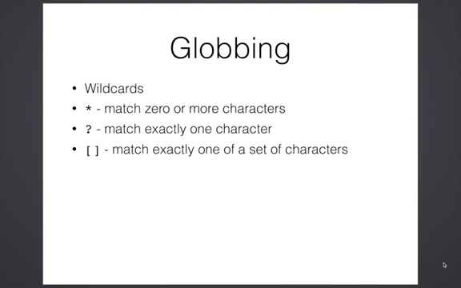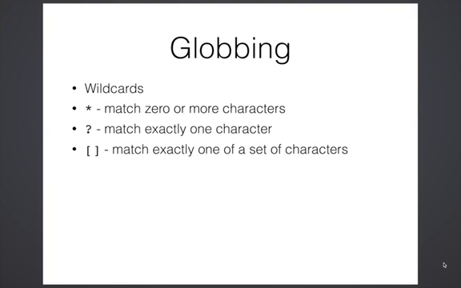There's the asterisk or the star, which matches zero or more characters. So if you typed ls -al and then AB star, it would match anything that started with AB, with any number of characters, zero or more, after that.